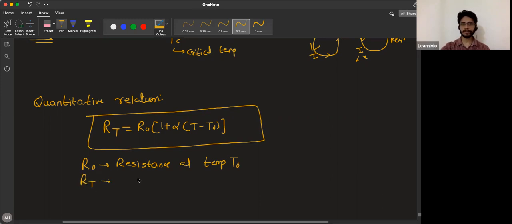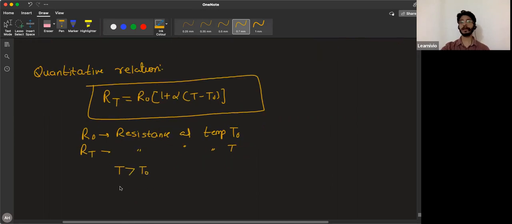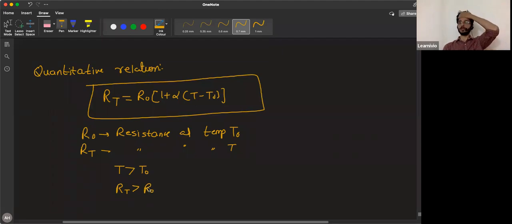RT is the resistance at temperature T. This T is usually greater than T naught, so RT will be greater than R naught.